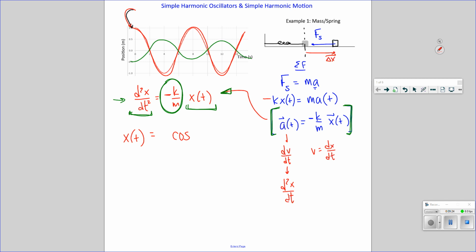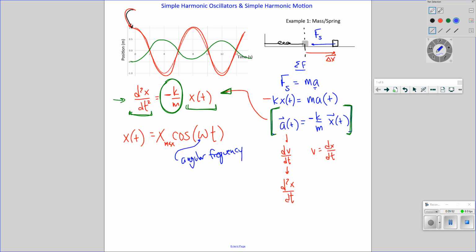Well, the amplitude of this function is what I'll call x max. And this function depends on time, and there is some rate at which the function repeats itself. Okay, this omega is called angular frequency.